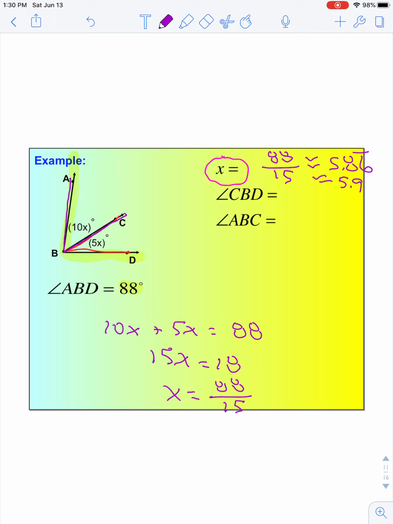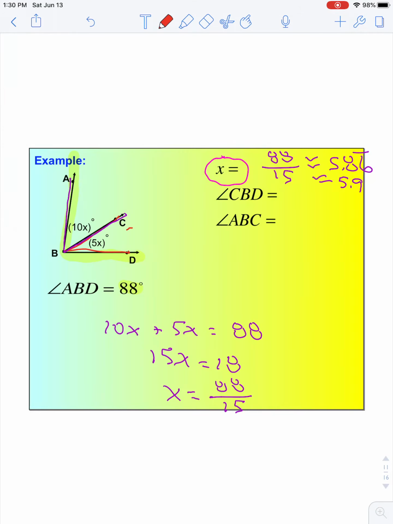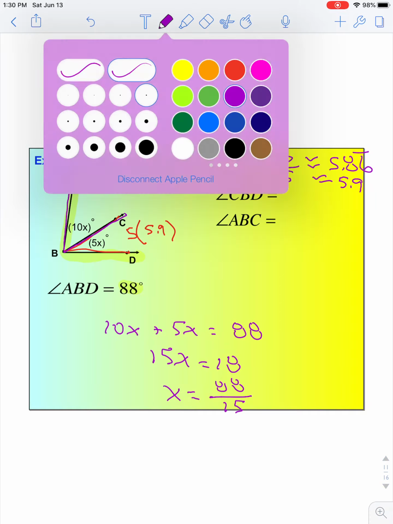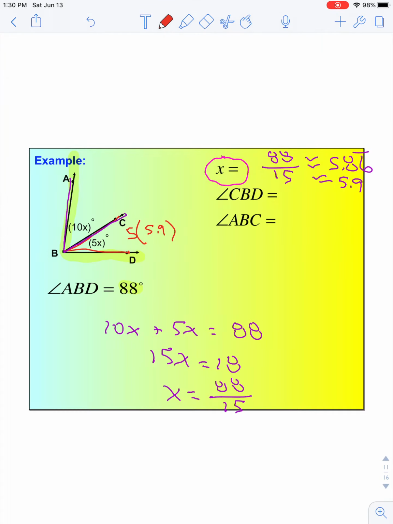If we do that, then to find CBD, which is 5 times x, we would take 5 times 5.9, or 5.86. Sometimes with angles, we are usually more to the nearest tenth than hundredth because it's hard to see hundredths of angles versus tenths of angles. So now, we didn't actually finish that problem.